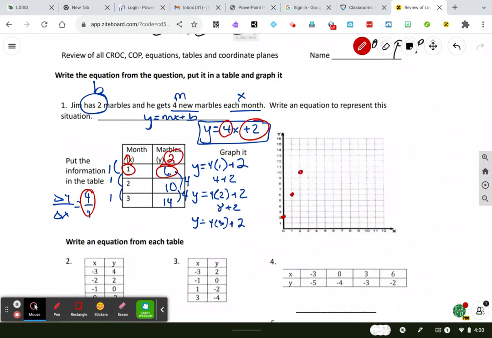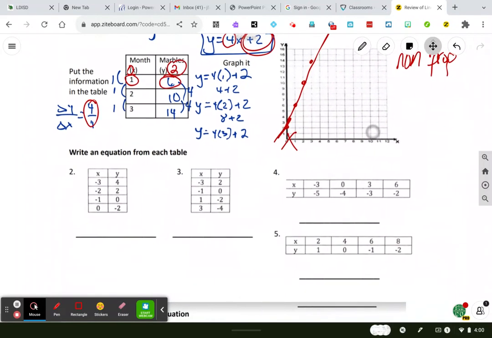Over 3, up 14. When I connect those points, I have a non-proportional line because it's got a plus 2. It crosses the y-axis at 2. It does not cross at 0, 0.